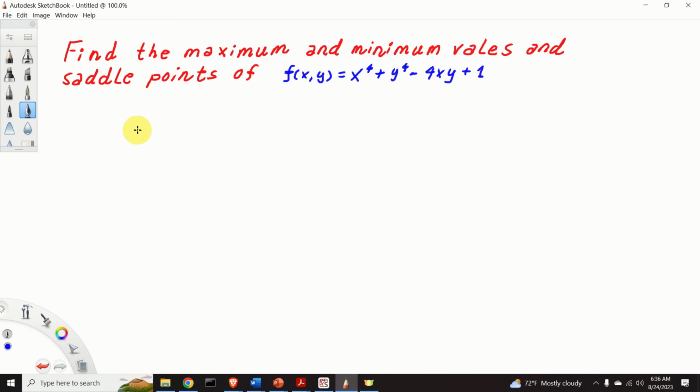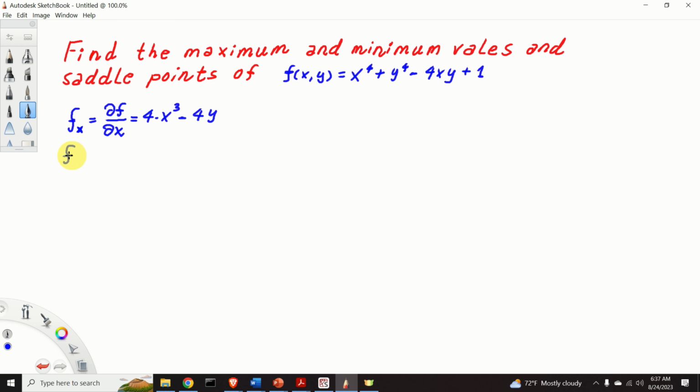Here's the first step. The first step is to find the partial derivatives. First of all, we need to find this partial derivative, f with the subscript x, that's the partial derivative of f with respect to x. Obviously, from this equation we have 4 times x to the power 3, 0, minus 4y.